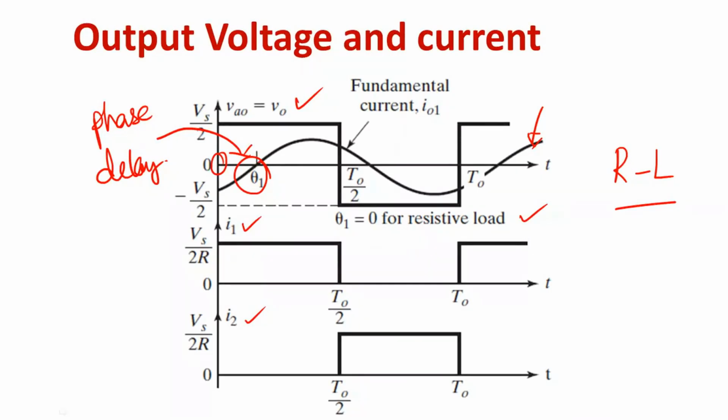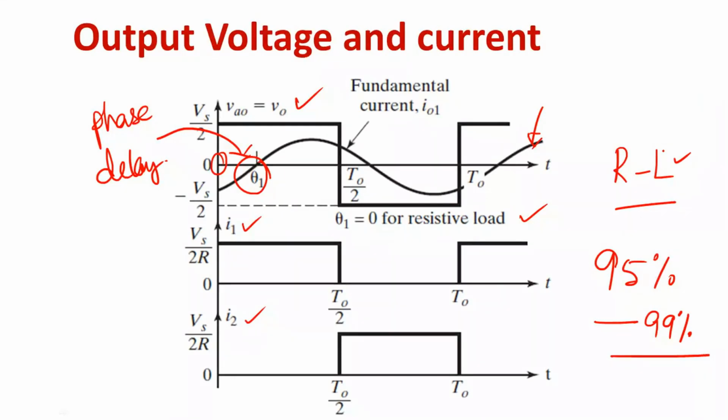That means each load will contain some inductance in it. So we use RL loads. It means 95% to 99% of the loads are RL in nature. Only very few loads will be treated as resistive loads.